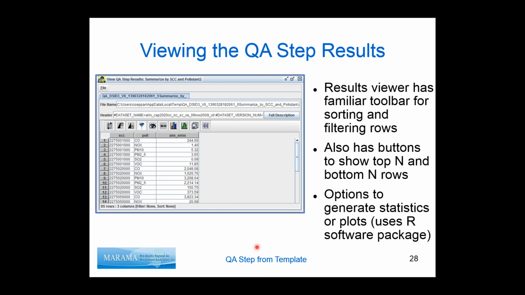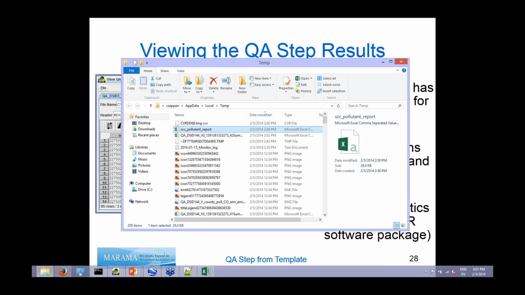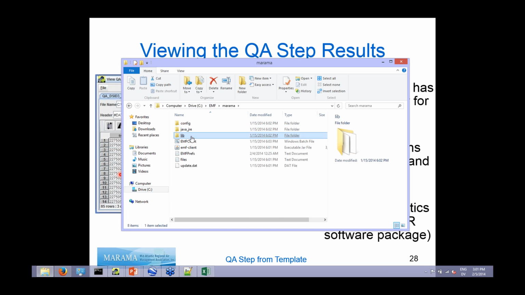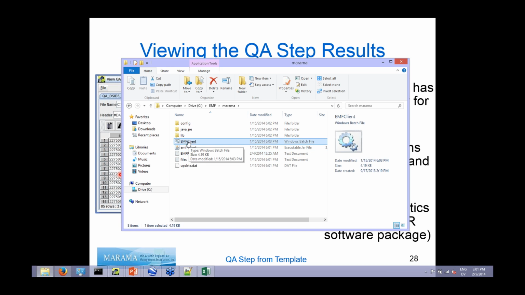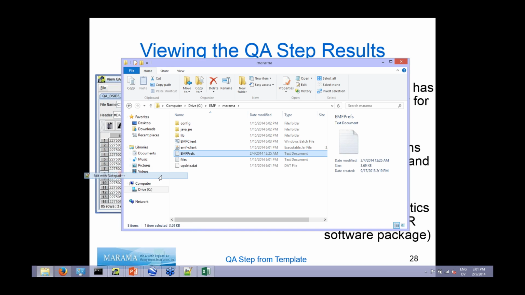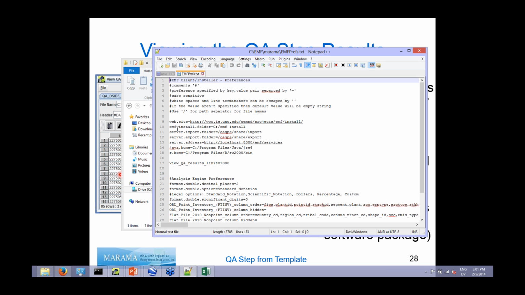There actually is a way. Let me see if I can bring this up, because that's a good question. Okay, I'm back in Windows. Wherever you installed the EMF client, which will probably be like EMF something, my setup's a little different, but where you have the file to launch the EMF client, there's a file called EMF prefs, and inside that file there are parameters.